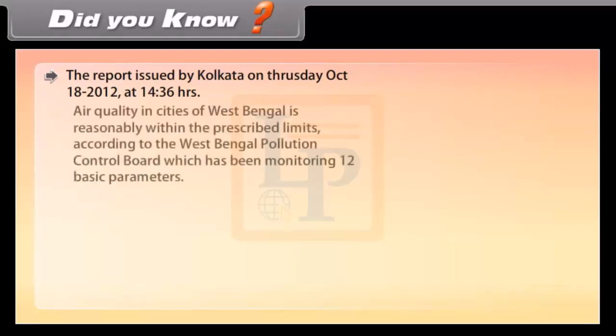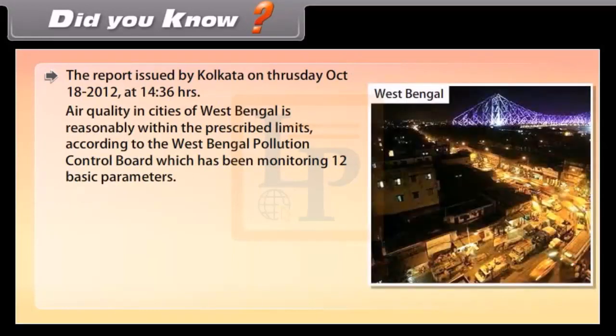Did you know? The report issued by Kolkata on Thursday, October 18, 2012 at 14:36 hours says, air quality in cities of West Bengal is reasonably within the prescribed limits according to the West Bengal Pollution Control Board, which has been monitoring 12 basic parameters.